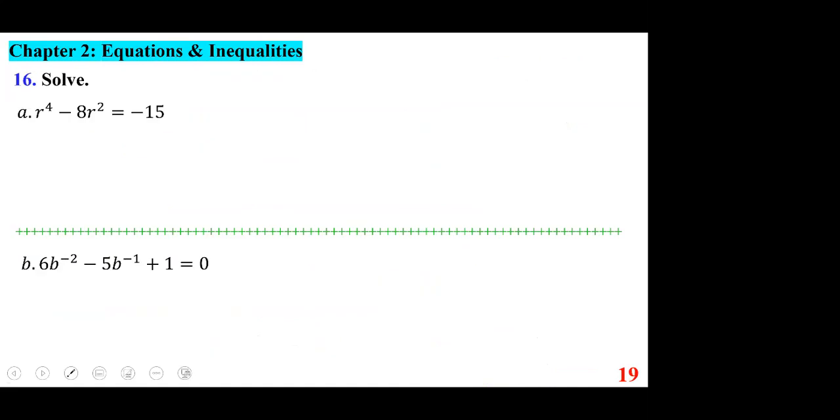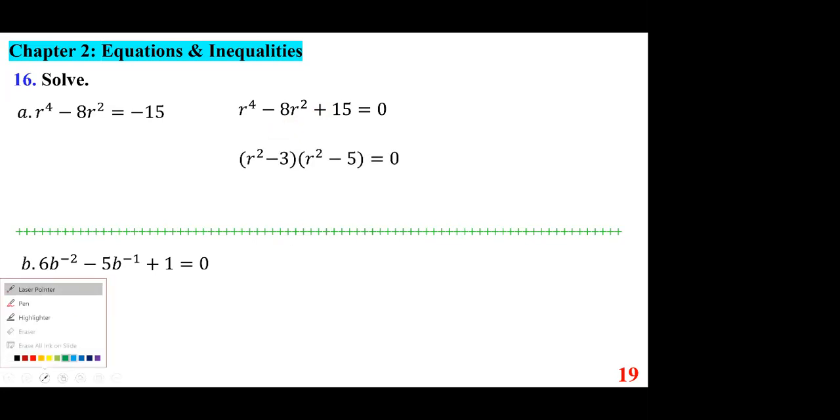Okay, we want to solve, so we're going to take this to the same side. You have a choice. You can do it by substitution, or maybe you recognize it can be done by factoring, just dealing with r squared, okay?